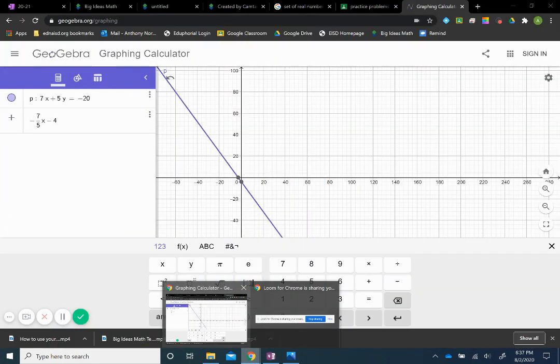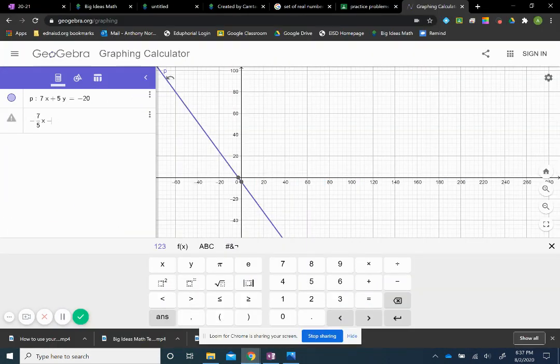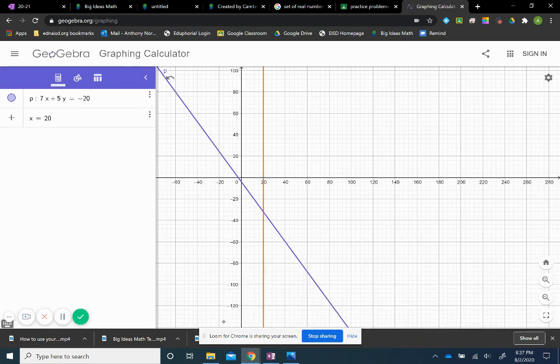I'll go back to GeoGebra. So let's do x equals 20 so we can see it. This means a vertical line goes up and down and crosses the x-axis at 20. So x equals 20.